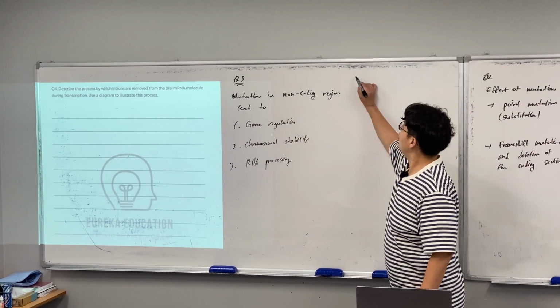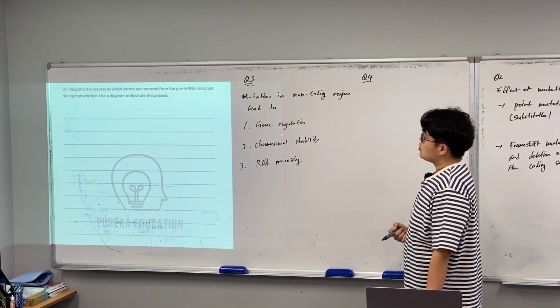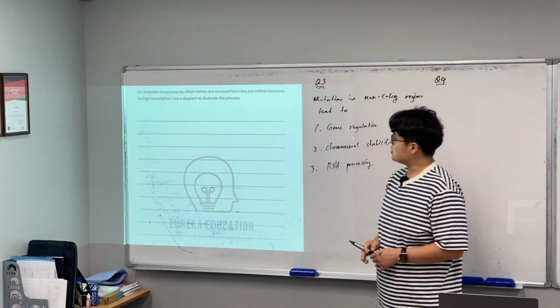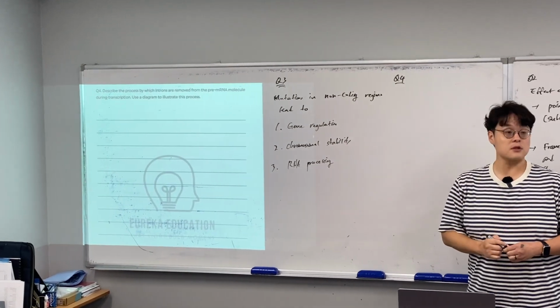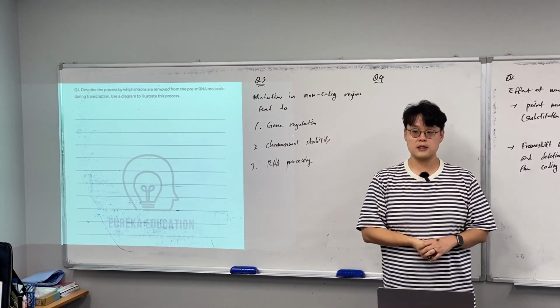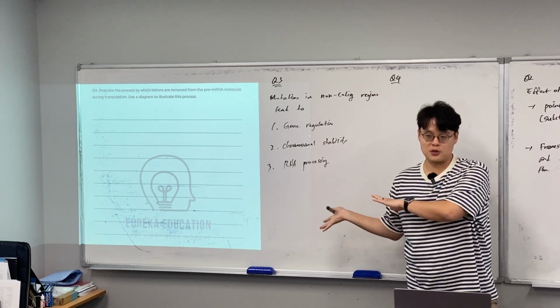4. Describe the process by which introns are removed from the pre-mRNA molecule during transcription. Use your diagram to illustrate this process. We kind of did that previously, showing the structure of the introns and all that. Splicing is okay. I would call this more module 5 rather than module 6.